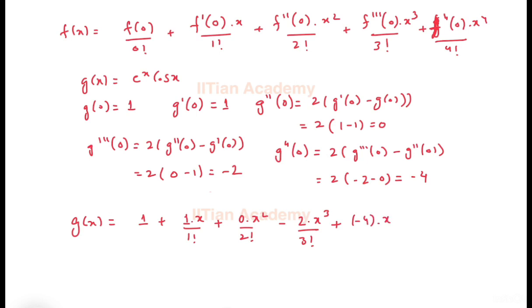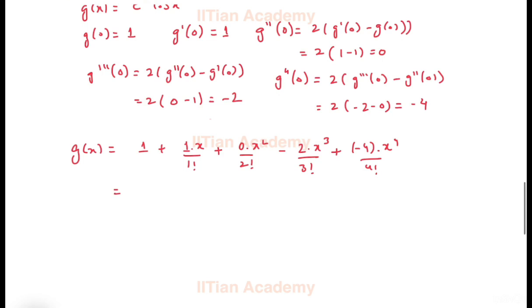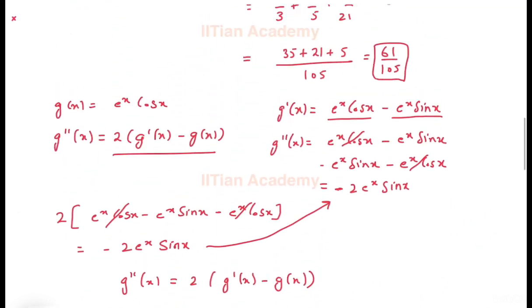This will be 1 plus x plus 0 minus x cube by 3 and minus x to the power 4 by 6 and so on. So this is the Maclaurin series which was asked in part D.